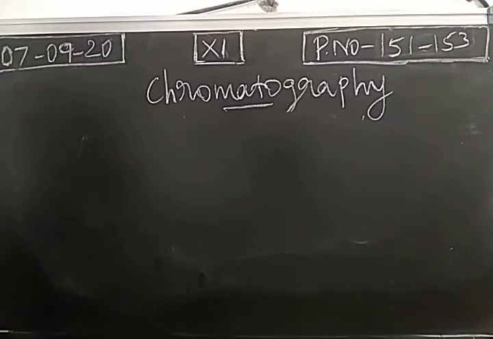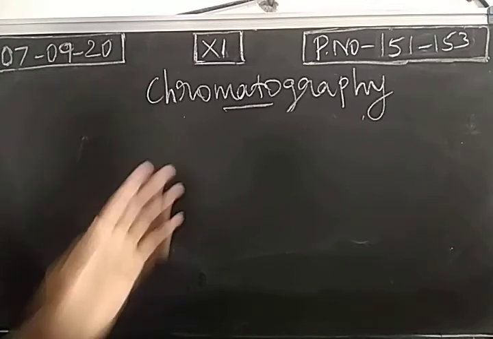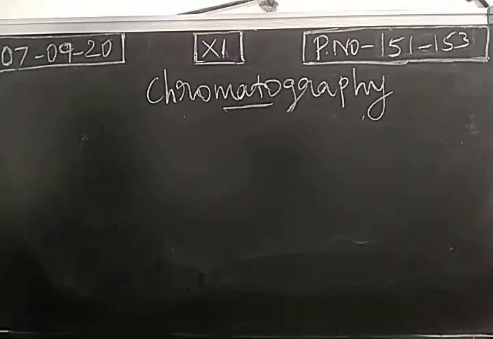So the differential movement of a mixture through the stationary phase is called the chromatographic technique. Examples of adsorbents, as I told, are silica gel, alumina, magnesium oxide, or starch.